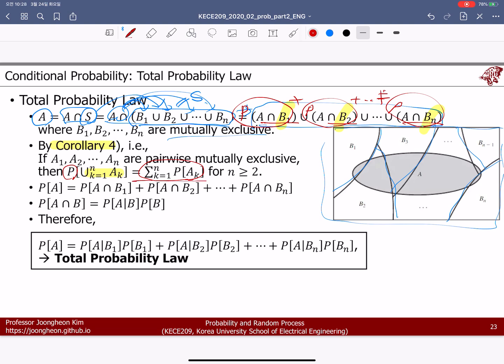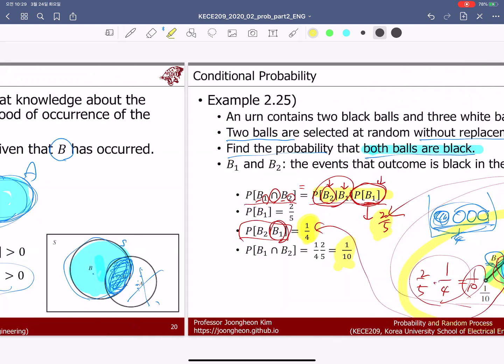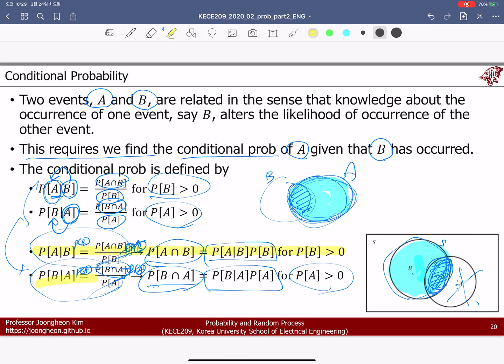So this is talking about that. That's why P of A can be denoted by the sum of the probabilities of the individual intersections. And then we know this equation, okay? We saw this in our conditional probability introduction section, maybe here, right? We saw that here.